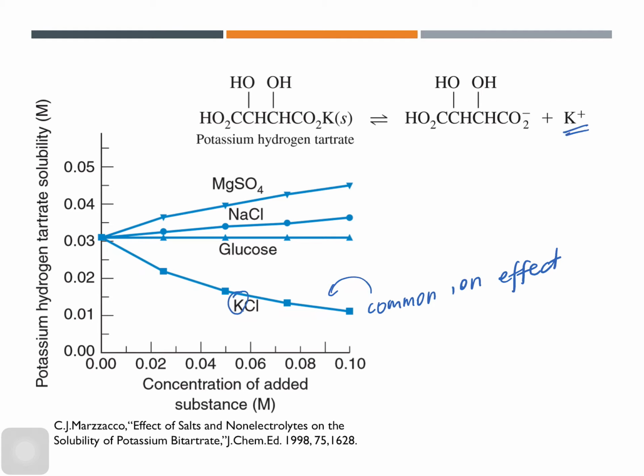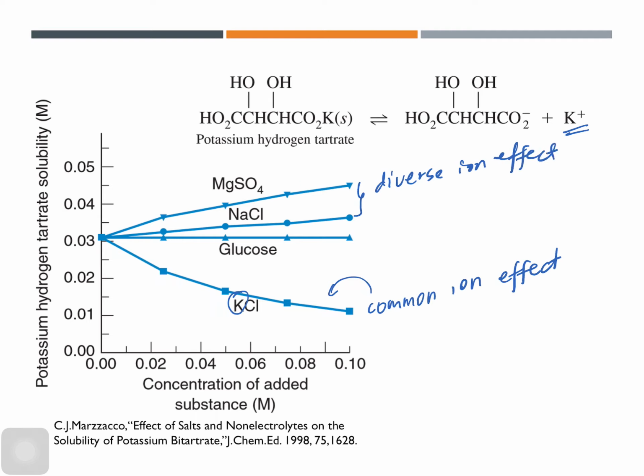Okay, so how about magnesium sulfate and sodium chloride? You can see the solubility of potassium hydrogen tartrate increases in the presence of magnesium sulfate and sodium chloride. This is the opposite of the common ion effect, and this is called the diverse ion effect.